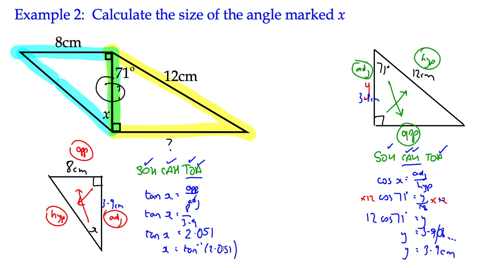And if you do that on your calculator, shift tan 2.051, we get 64.00 degrees. So x is 64 degrees. Okay, it says calculate the size of the angle marked x. So we've actually answered the question here. x equals 64 degrees.